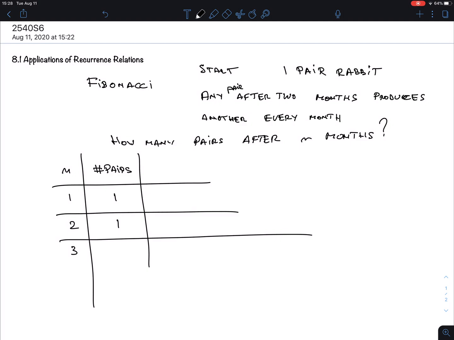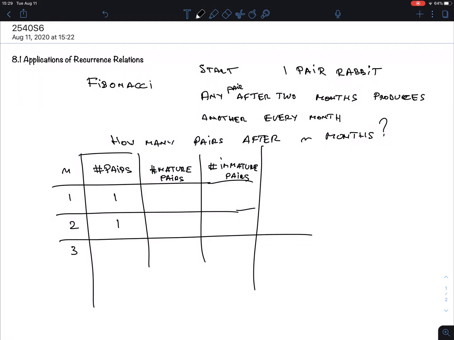So, in order to count this well, we have to track here the number of mature pairs, and here the number of immature pairs. Because the problem is this delay of 2 months, right? So this column here will be the sum of the next two columns.